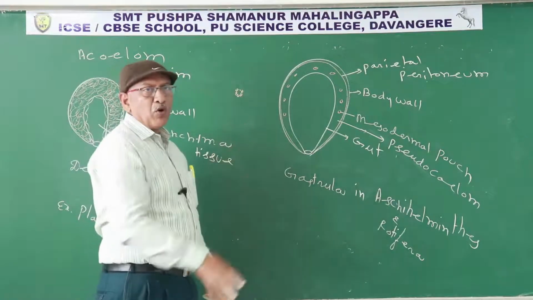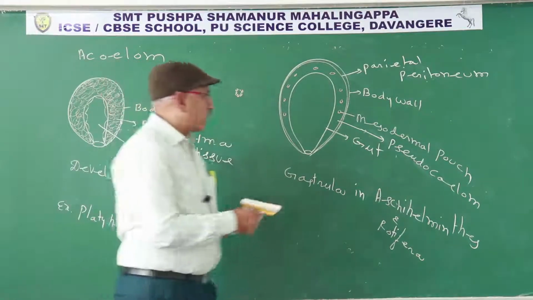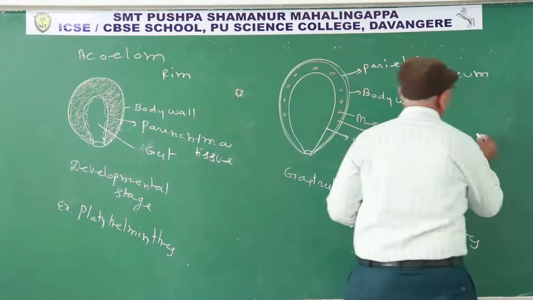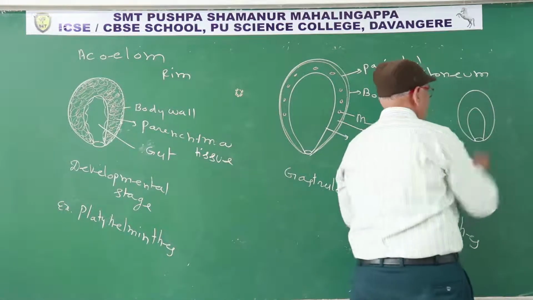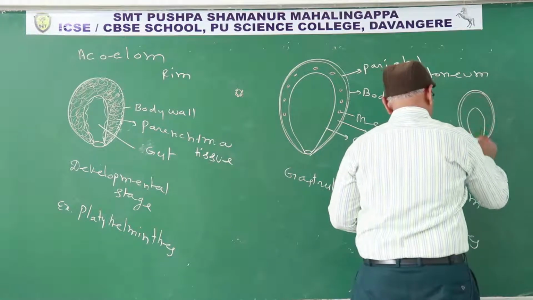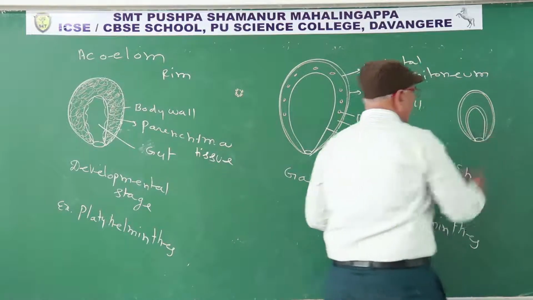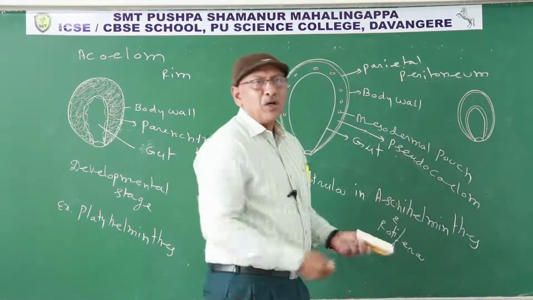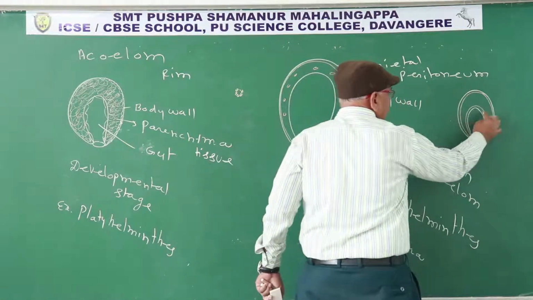You already know the definition of coelom: a cavity present between the body wall and alimentary canal, lined by mesodermal layers. Parietal peritoneum forms the inner lining of the body wall. Visceral peritoneum forms the outer lining of the alimentary canal.